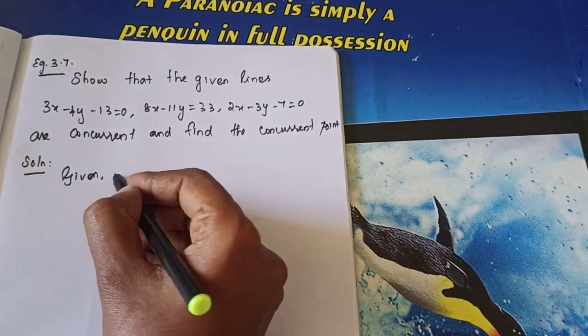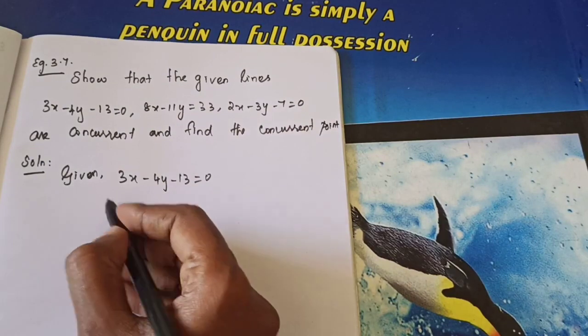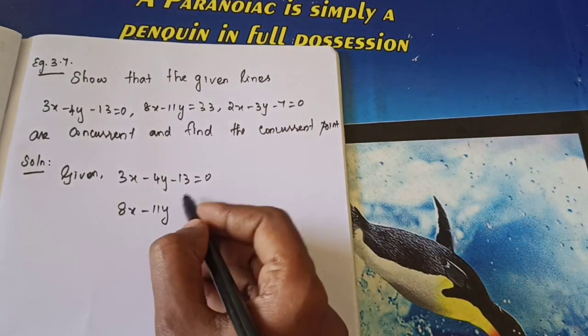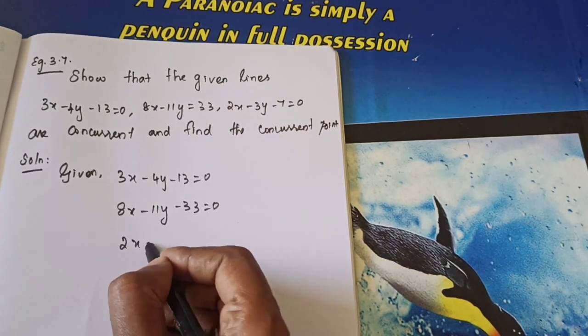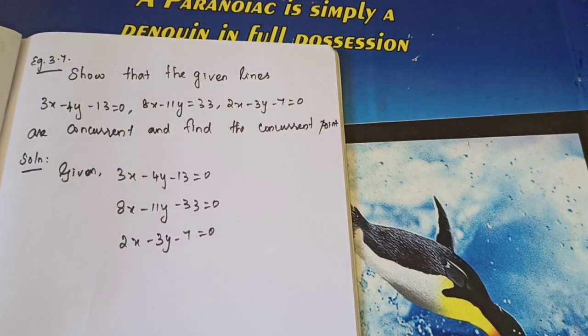3 lines are given. What are the lines? 3x minus 4y minus 13 is equal to 0. 8x minus 11y, bring this to this side, minus 33 equal to 0. Then 2x minus 3y minus 7 is equal to 0. What's the question? Show that the 3 lines are concurrent. For that, I just taught the formula. So what's the formula? The determinant of A1, B1, C1, A2, B2, C2, A3, B3, C3 being 0 means we will say it's concurrent.